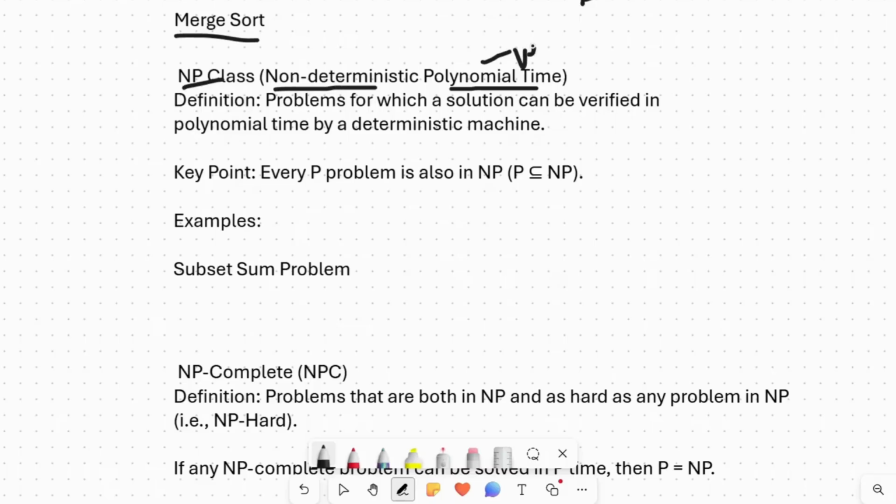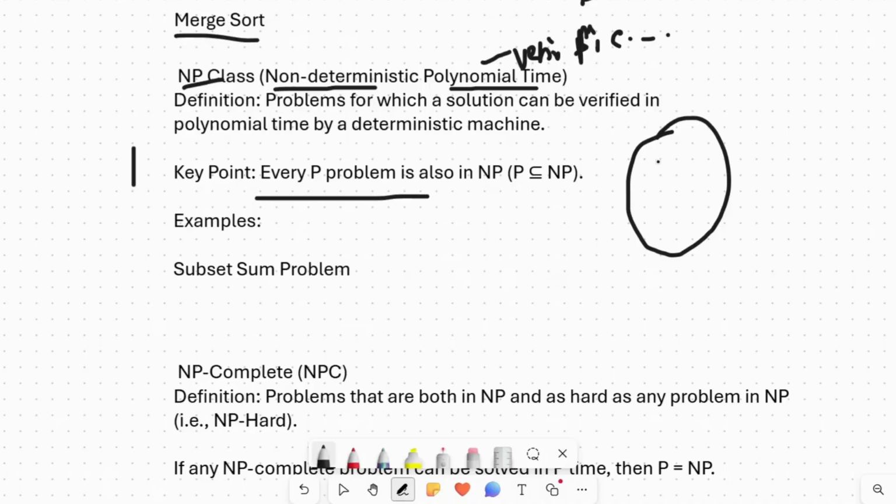Verification is the key point. Every P problem is also in NP. If this is the set of NP problems, then P is inside it, so P is a subset of NP.